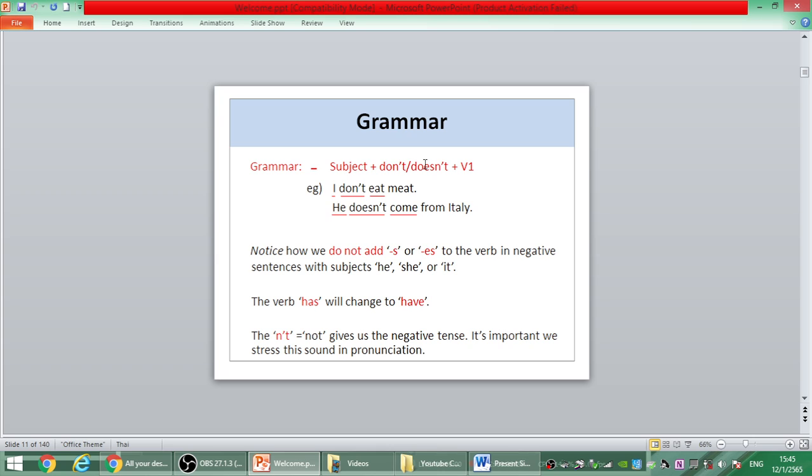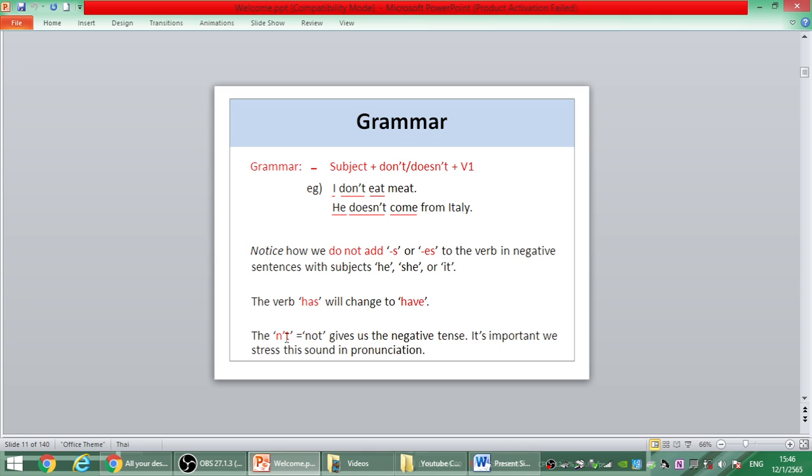He doesn't come from Italy. Notice how we do not add s or es to the verb in negative sentences with subjects he, she, it. It's he doesn't come, no s or es in the verb. The verb has will change to have.